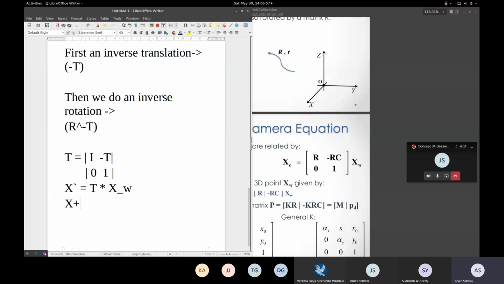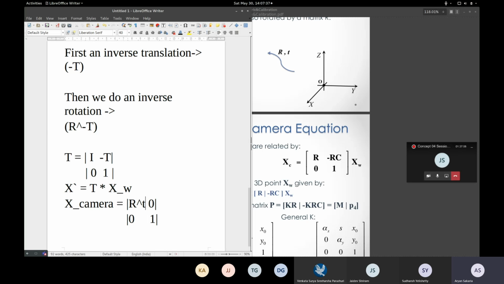And X camera is nothing but my inverse rotation, that's all it is, with 0, 0, 0, 1. So this R transpose is a 3 cross 3 thing, this is a 3 cross 1 thing, this is a 1 cross 3 thing, and this is a 1 cross 1 thing.